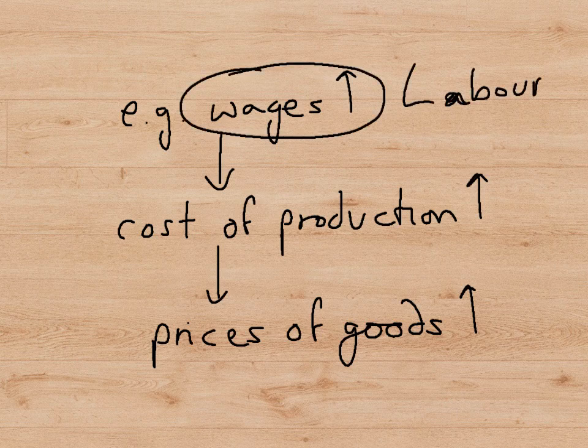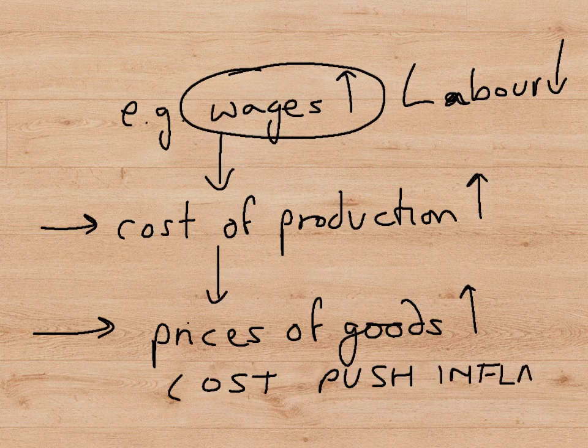So as the labor is used up, wages go up. As the cost of the factors of production increases, the cost of production increases. And this pushes the prices of goods up. We know that this is called cost push inflation.